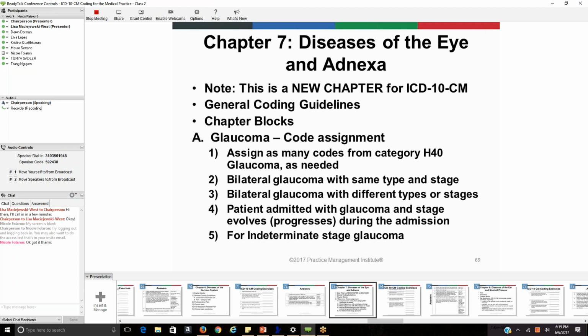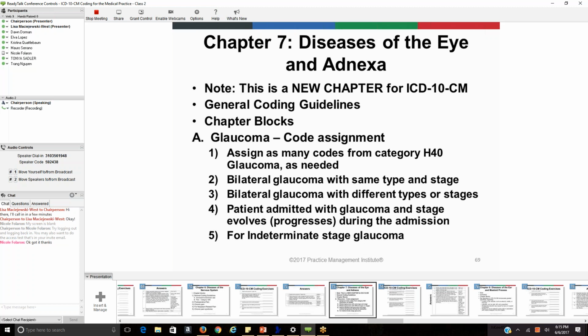You'll see that on page 53 there are certain excludes 2 notes that would apply: certain conditions originating in the perinatal period, certain infectious and parasitic diseases, complications of pregnancy, congenital malformations, diabetes-related eye conditions, endocrine, nutritional, and metabolic diseases. In other words, if you have diseases within those categories that are causing a condition in the eye, then you can code both conditions together. That's basically what an excludes 2 note means.